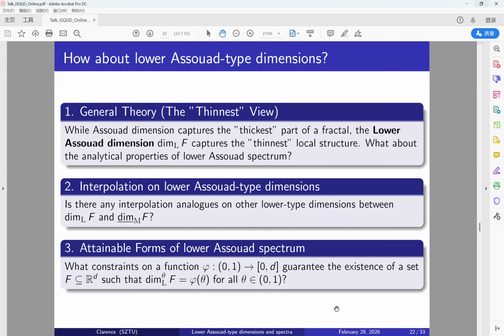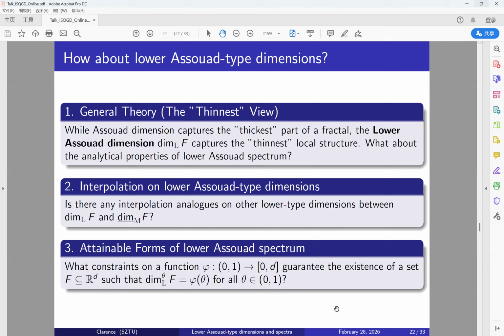As for the theory of lower dimensions, we will separate it into three parts. The first one is the general theory: can we say something on the thinnest part of the set by the lower spectrum or lower dimension? Another is, is it possible to say something about interpolation on lower type dimensions, that is, between the lower dimension and the lower box dimension?